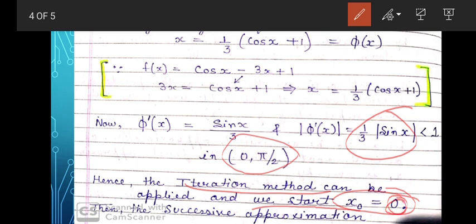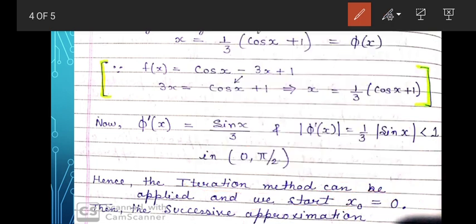If you choose pi by 4 or pi by 2, it is also possible to find the answer, but I have chosen 0 here. It's all up to you what value you choose for successive approximation.